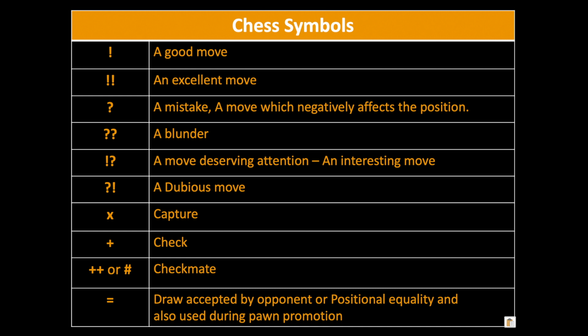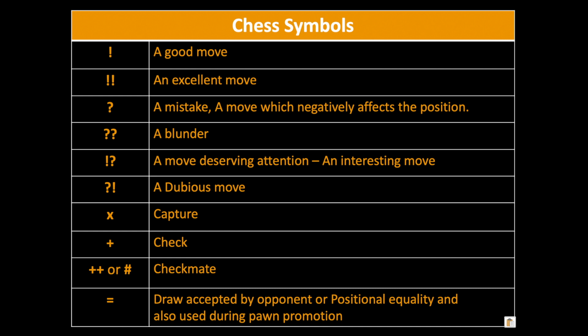A single question mark after a move indicates that this is a mistake. This often leads to loss of tempo or loss of a piece. The double question mark that indicates a blunder usually results in an immediately lost position. We have other symbols like X, plus, hash, and equals to sign.